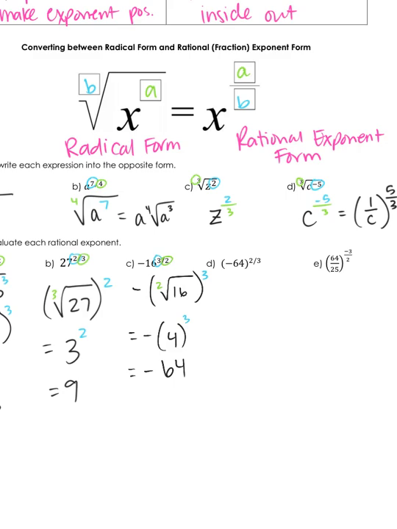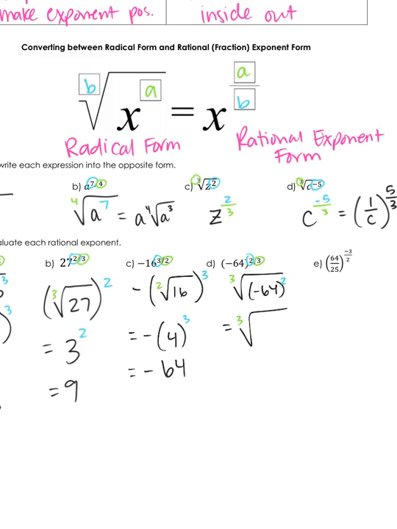All right, the next one. This one I'm going to do a little bit differently. I'm actually going to do this the original way, so I actually don't need that. So I've got negative 64 as my base. I'm going to put the 2 inside, the 3 outside. So I'm going to do negative 64, so the negative is included, and I'm going to square it.